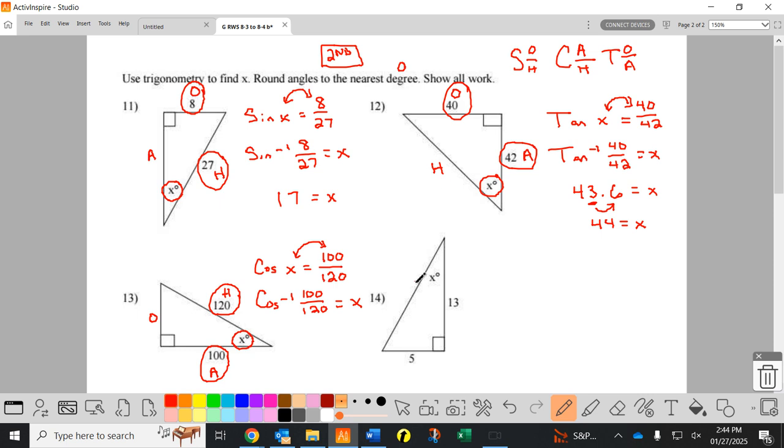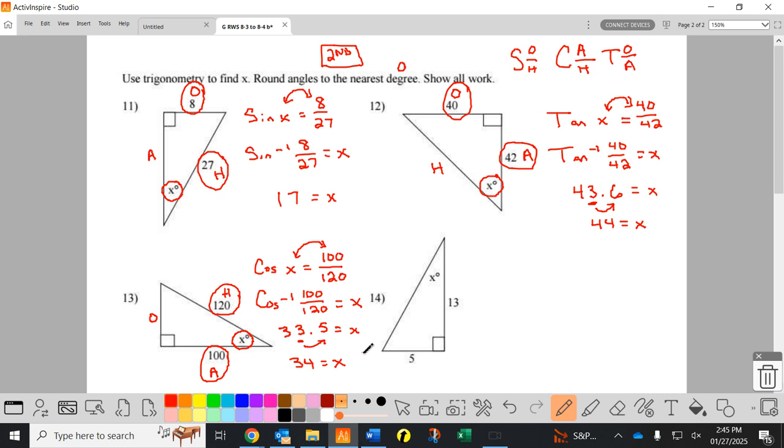Clear it out, guys. 100 fraction button, 120 second cosine equals. And this one is going to need to be rounded, so it's 33.5 equals x. So we're looking at this 3, we got a 5 behind it, so it's going to be 34 equals x, which is 34 degrees. 34 degrees for that angle.